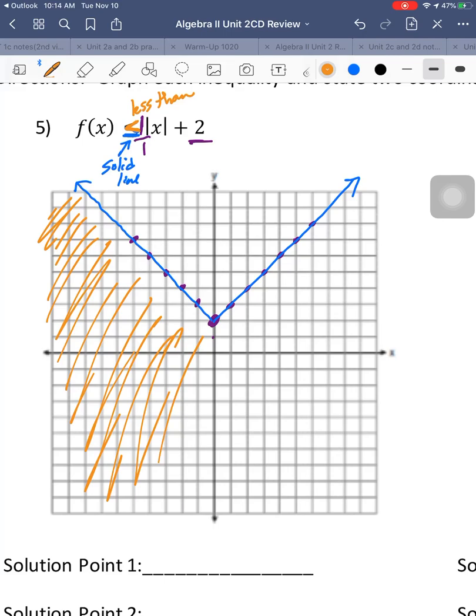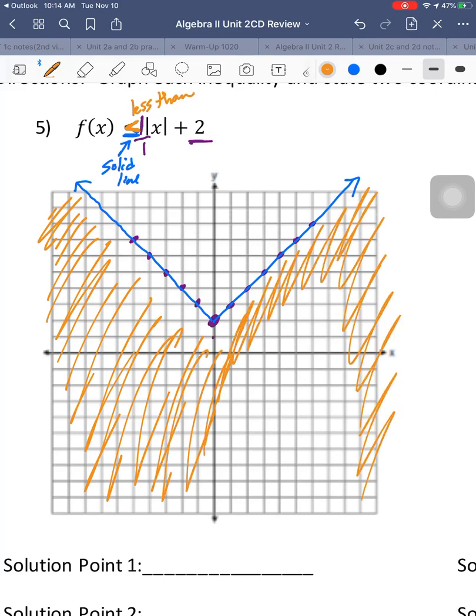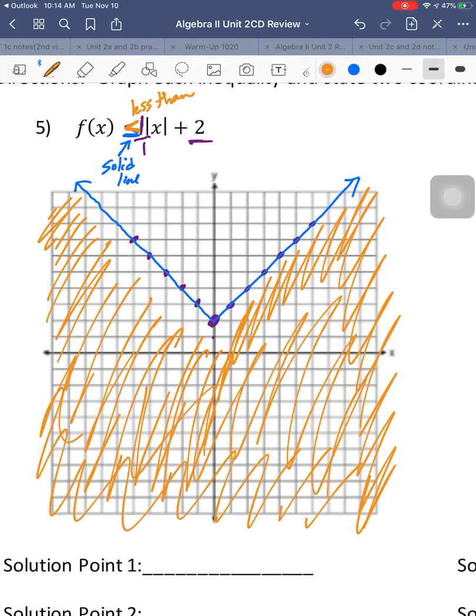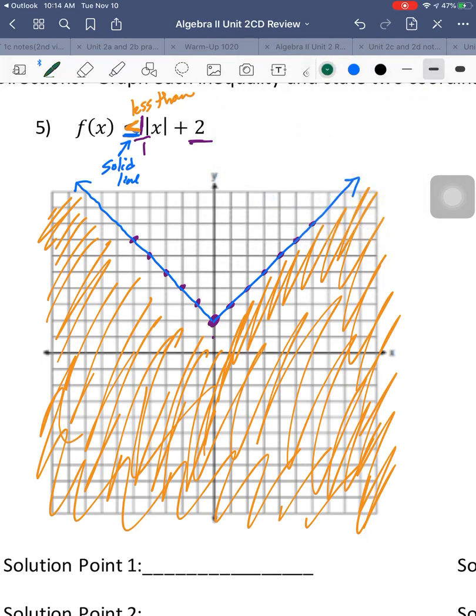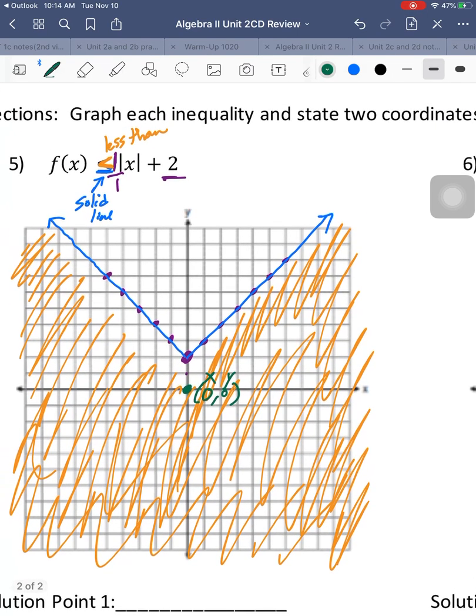You can always choose a point anywhere in this shaded area, and it will work for that inequality. So you can choose any coordinate you want, like 0, 0. That's in the shaded area. So x is 0 and y is 0. If we substitute that in, f of x is y.